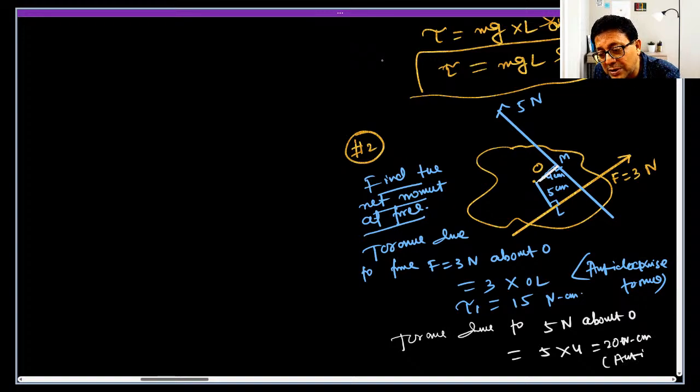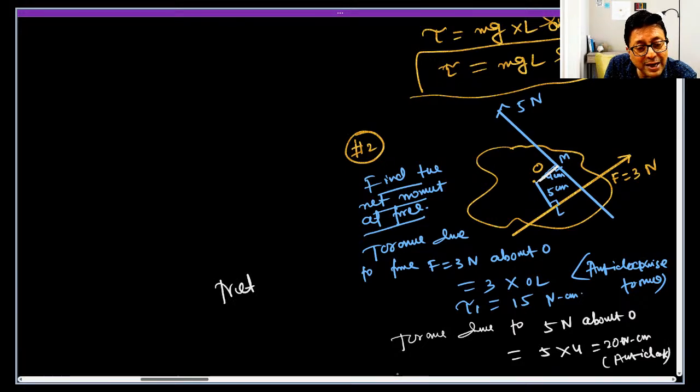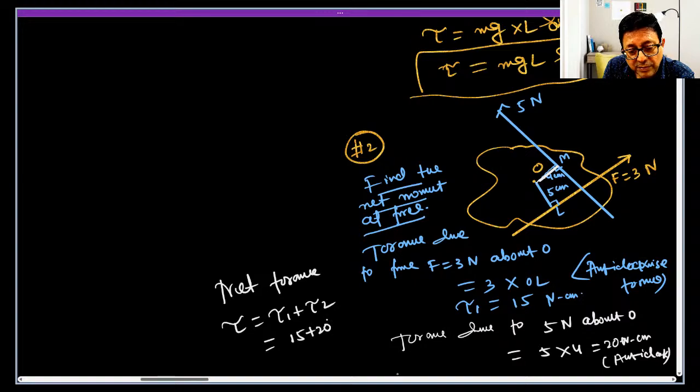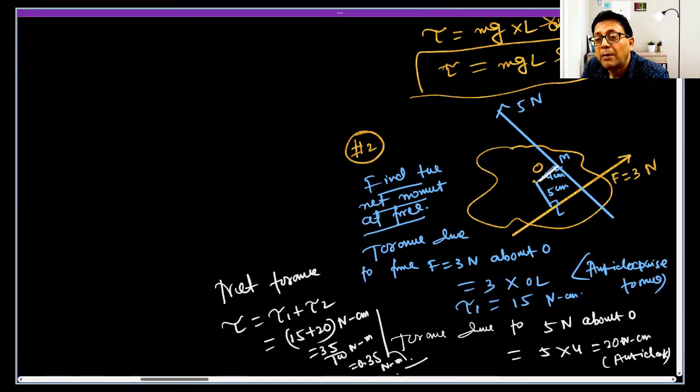This is also anti-clockwise. So net torque will be added. Tau 1 plus tau 2, 35 by 100 Newton meter, which is nothing but 0.35 Newton meter. But if by chance the 5 Newton acts in this manner, then it will be subtracted from there. Just keep the concept in your mind.